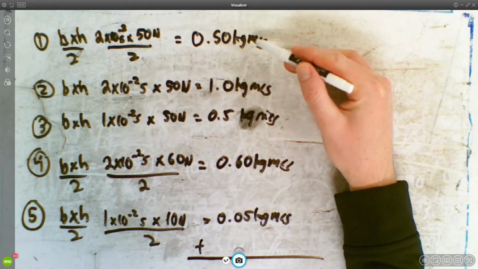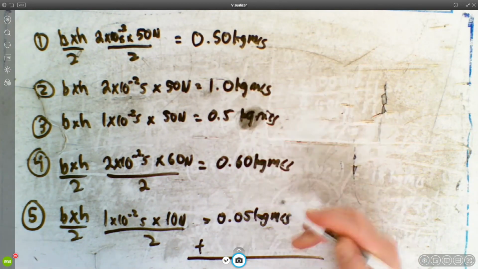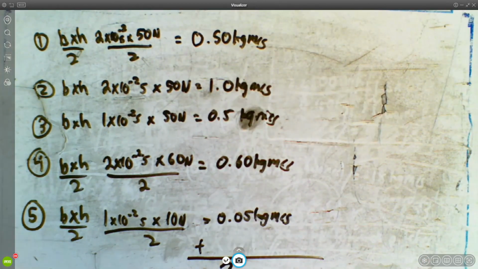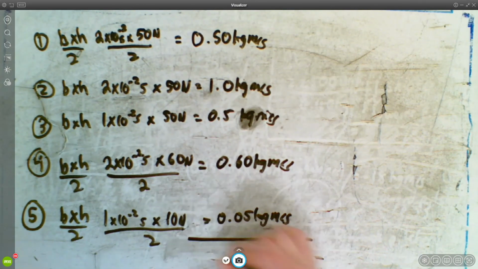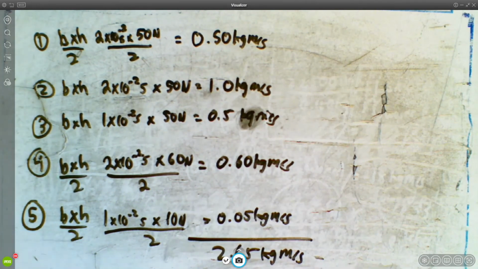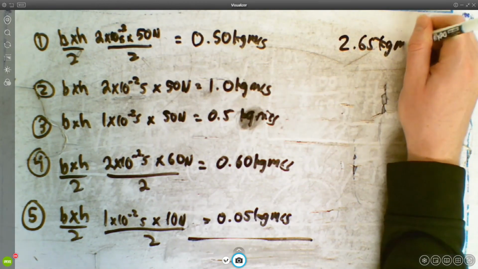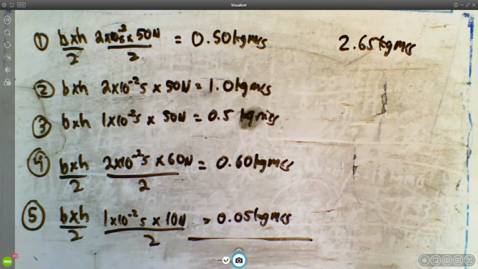So this is 0.5, 1.5, 2, 2.6, 2.65 kilograms meters per second. I'll just write it up here, 2.65 kilograms meters per second when I add those up. So that's how you find impulse using a force versus time graph.